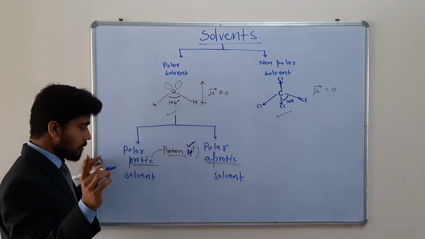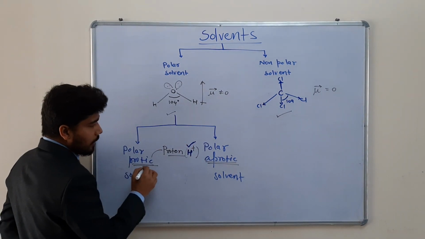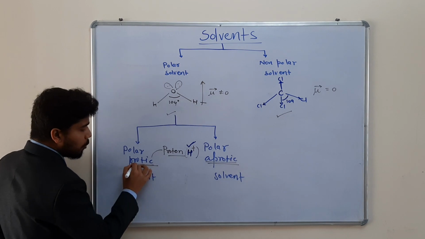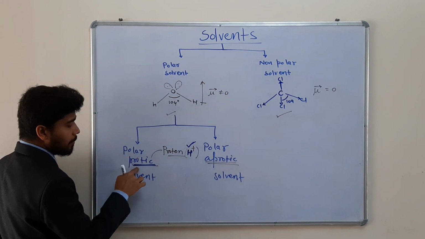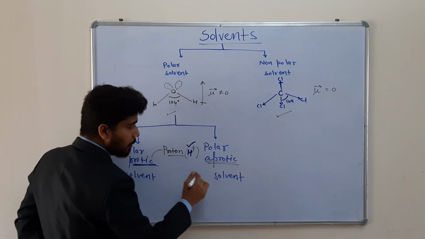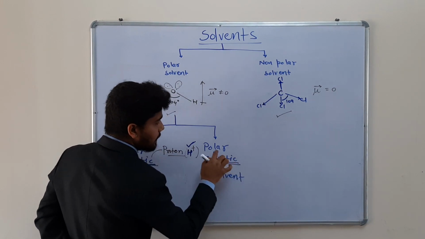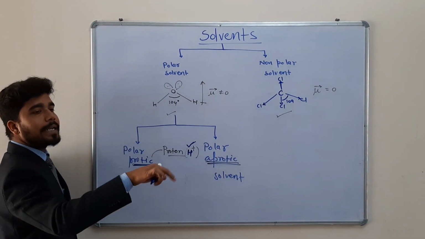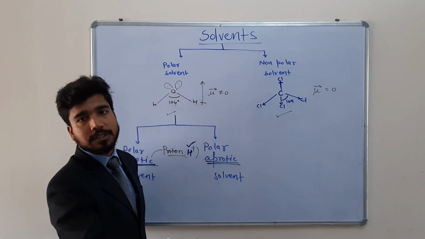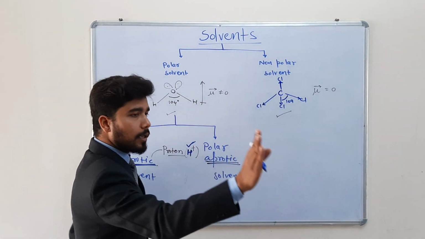That we will discuss later on. So polar protic means the compound has a proton to be donated to other compounds, and polar aprotic means it is a polar compound but it cannot donate any hydrogen or H plus ion to any other compound.